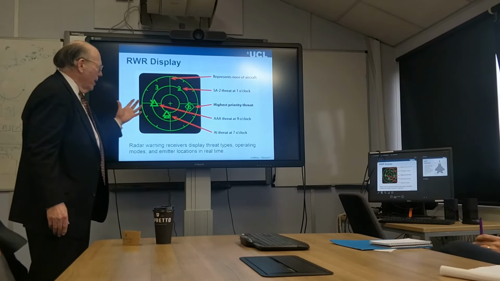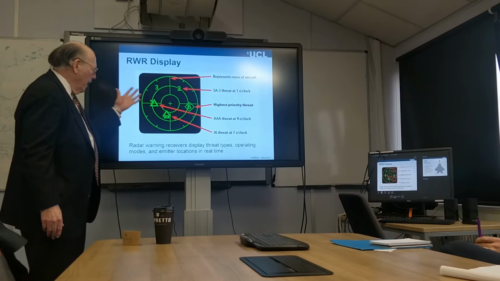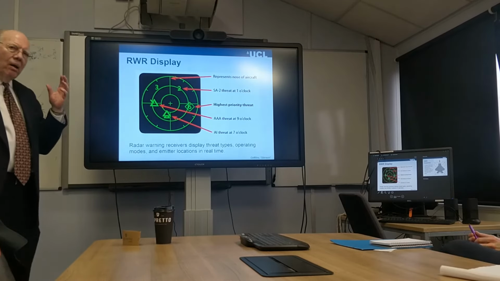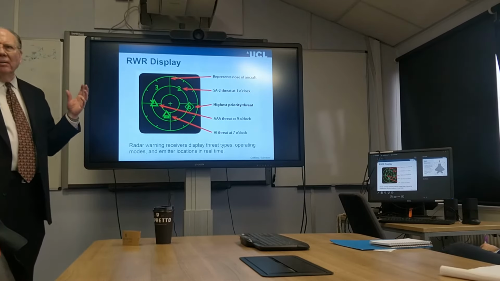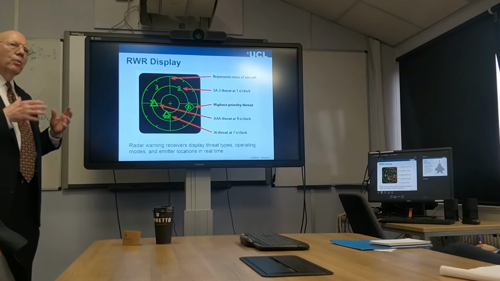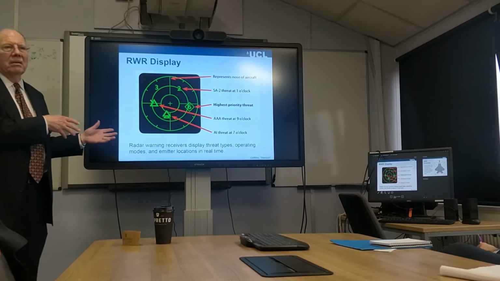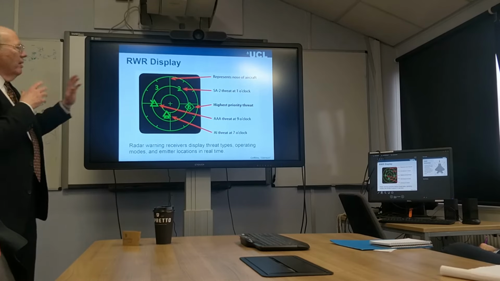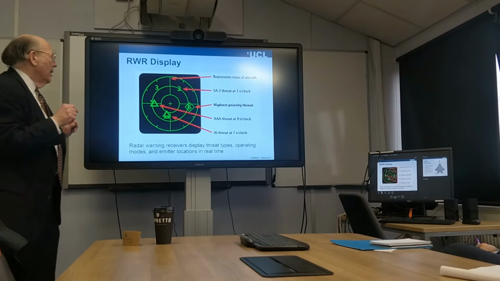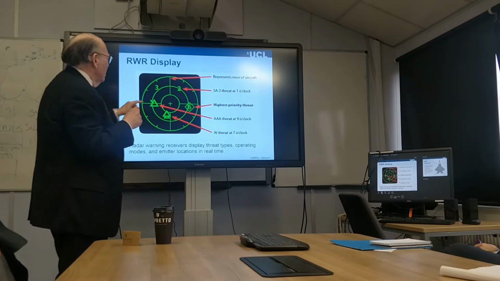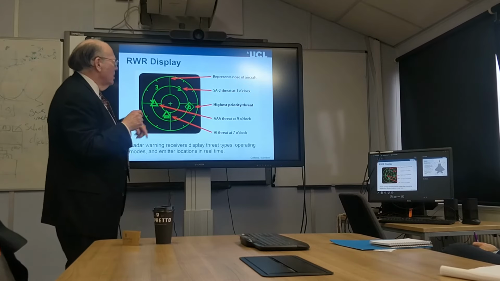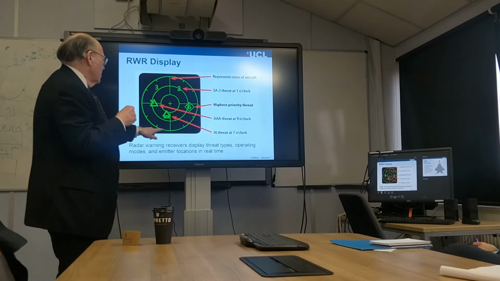So the radar warning receiver display looks like this. It also gives you an audio signal as well. So you can hear what the radar sounds like, as well as see where it is. This represents the nose of the aircraft, and this, of course, is the tail.